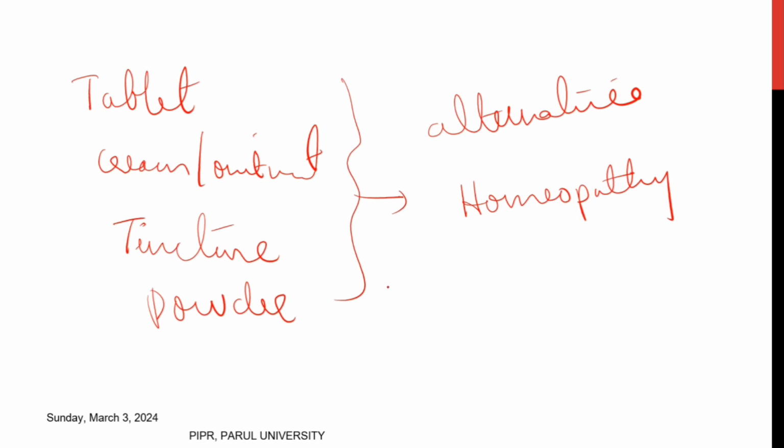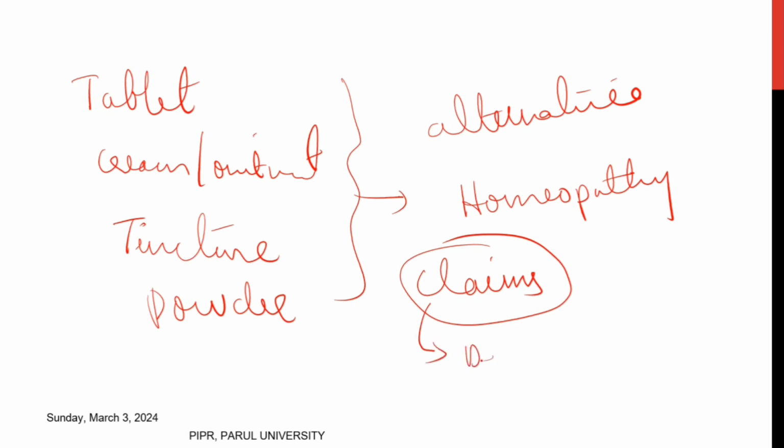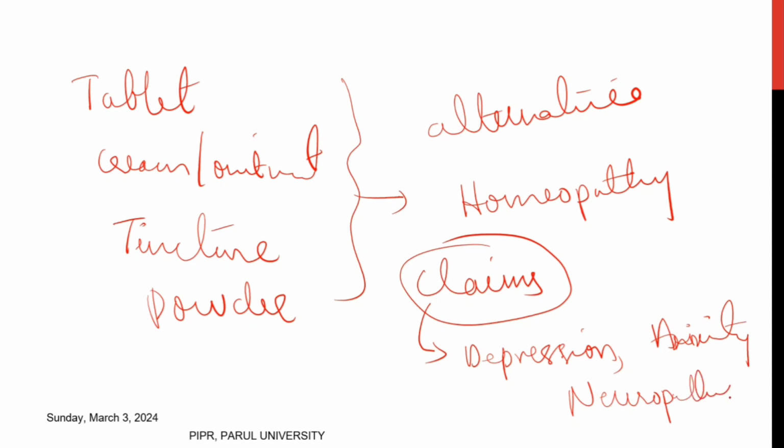Now, let me tell you, this St. John's wort, Hypericum perforatum, has some claims. It claims that St. John's wort is very effective for depression. It is used for anxiety. And it is also used for neuropathy, very important, neuropathy.